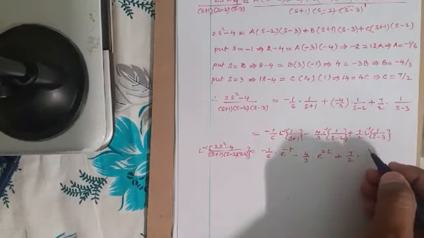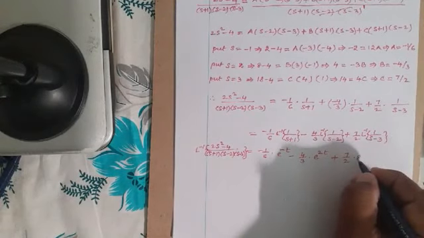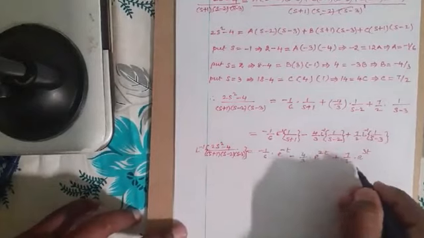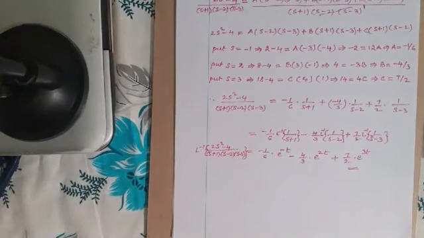Again it is in the form of L inverse of 1 by s minus a, that is equal to e power at. So a is nothing but 3 here, so I write 3t. So this is the solution for the given problem.